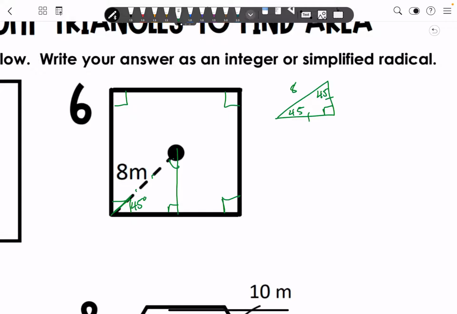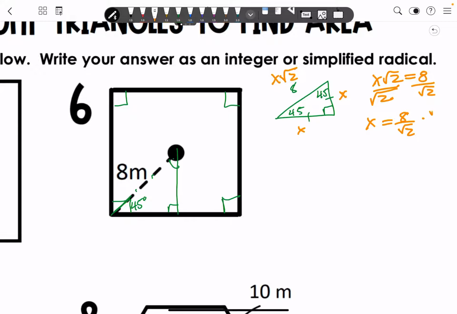When you have something like this, remember, label it up. All the 2's on the hypotenuse. And then solve for x. So x square root of 2 is equal to 8. Divide both sides by the square root of 2. You get x is equal to 8 over the square root of 2.